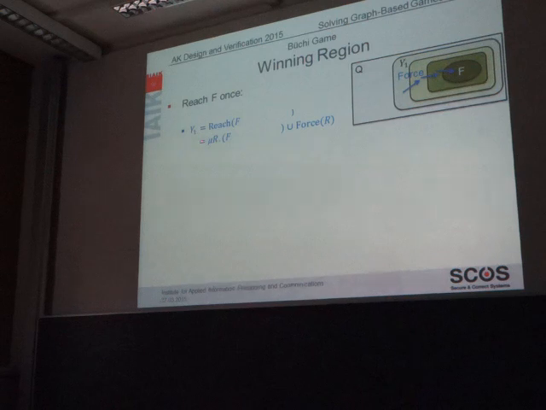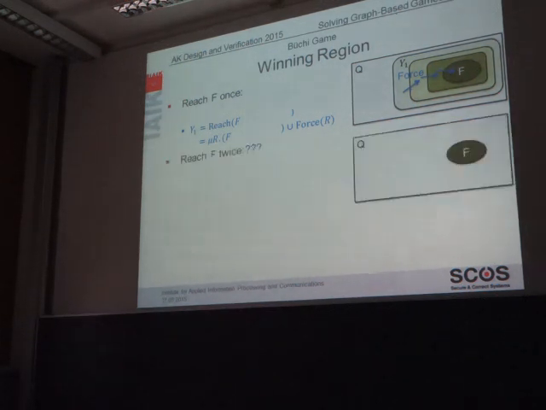This will compute a set of states y1 from which we can reach F once, just by doing this fixed point iteration where we compute basically these onion rings around F as we have done on the blackboard. Now the more difficult question is, how can we compute the set of states from which we can reach F twice?